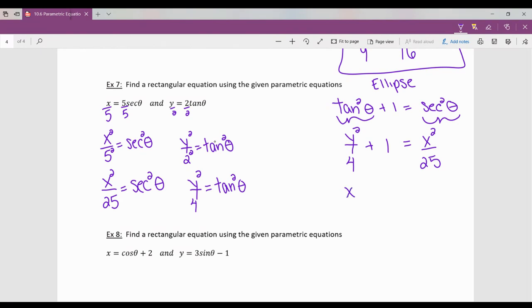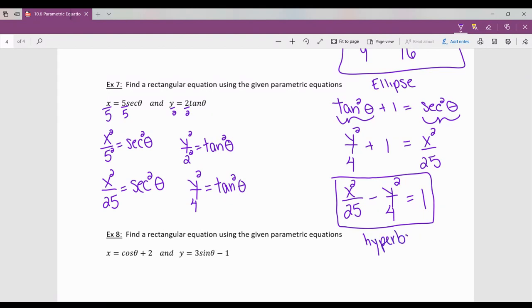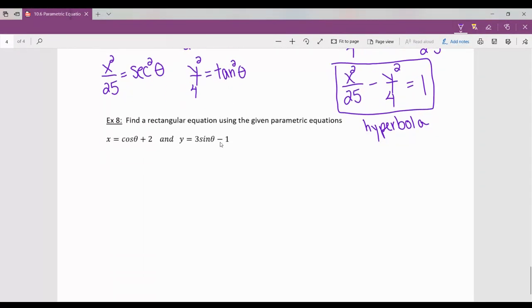So I've got x squared over 25 minus y squared over 4 equals 1. So now it's in standard form, and that is not an ellipse this time because it's a subtraction. It's a hyperbola with my center at 0, 0. And it's opening left and right. Okay, so it's horizontal transverse axis.